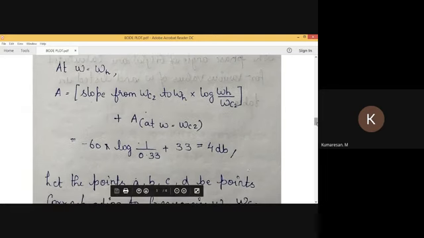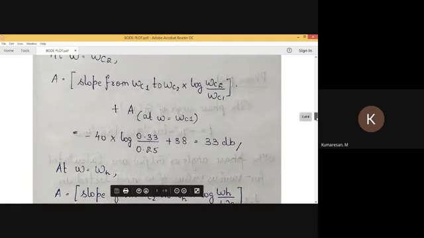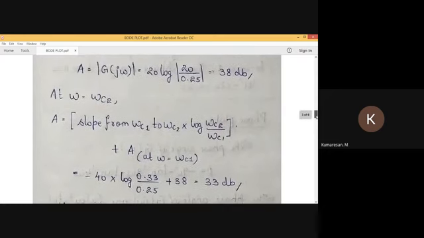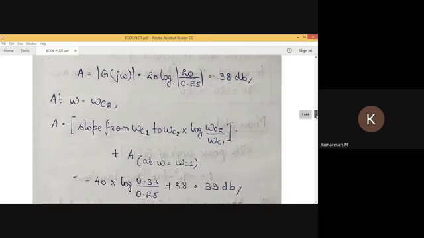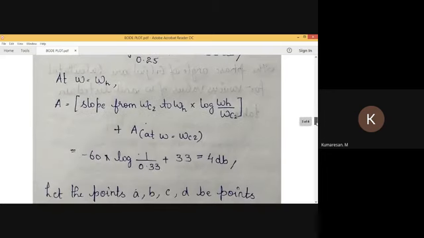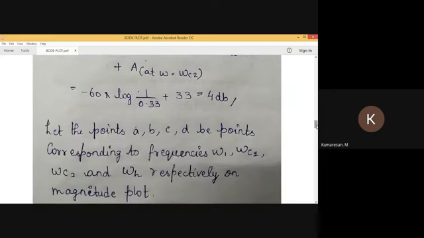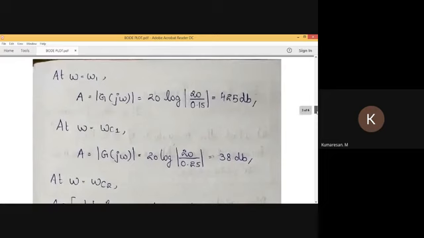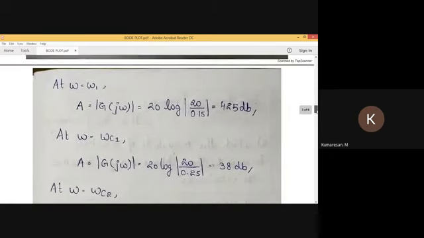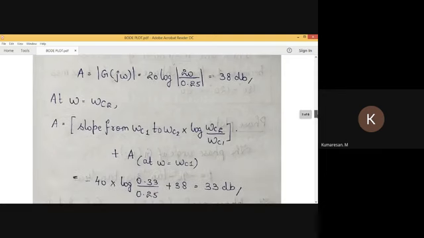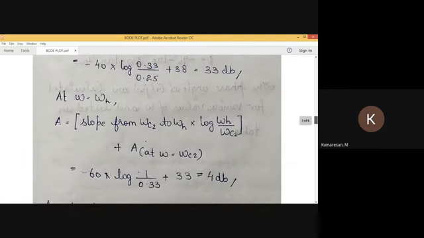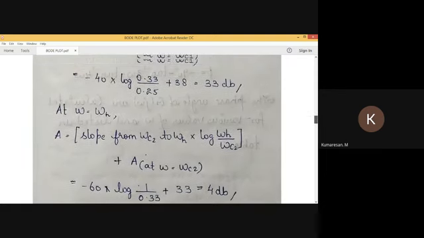So what values do we get here? Four values: 42.5 decibel, 38 decibel, 33 decibel, 4 decibel. These correspond to the lower frequency 0.15, the first frequency 0.25, the second frequency 0.33, and the fourth frequency, 1 radian per second.